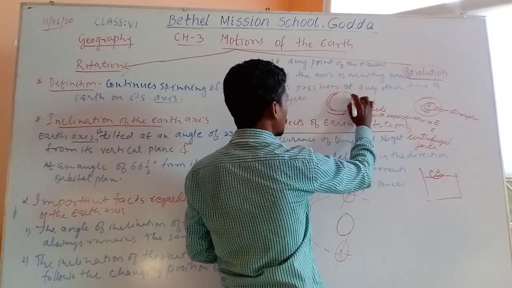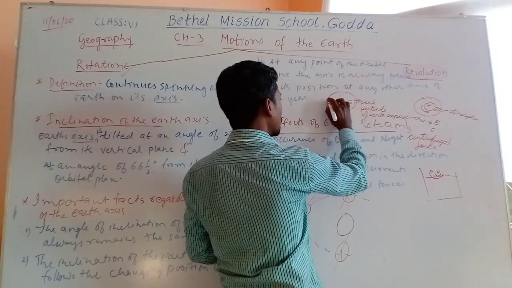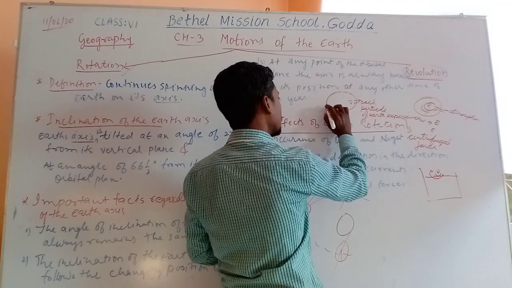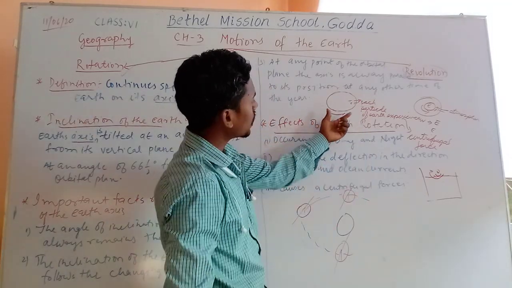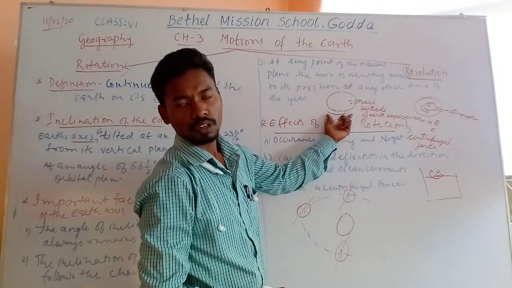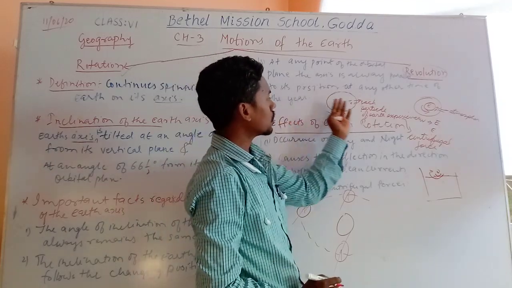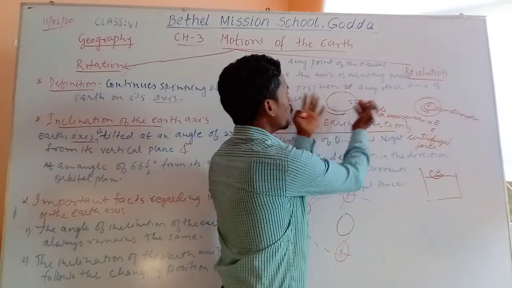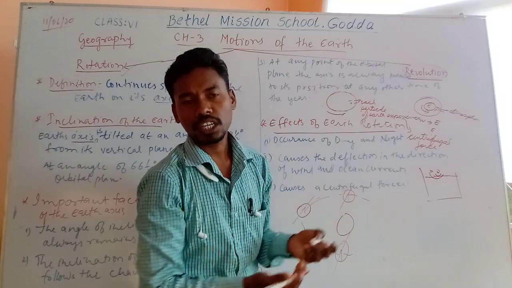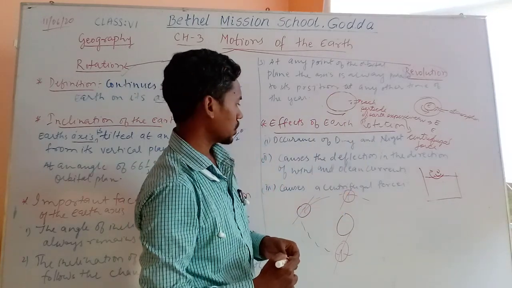Understood? Just because of the centrifugal force acting, the shape of the earth has become this way. The particles of the earth experience centrifugal force and tend to move out, and the earth is bulging.